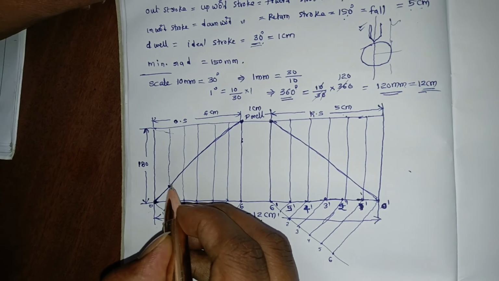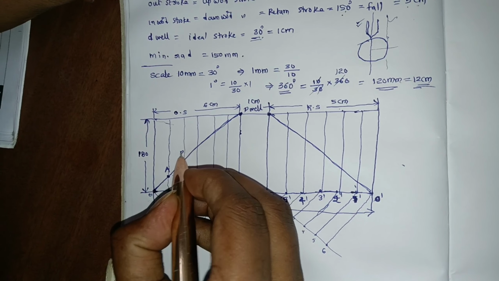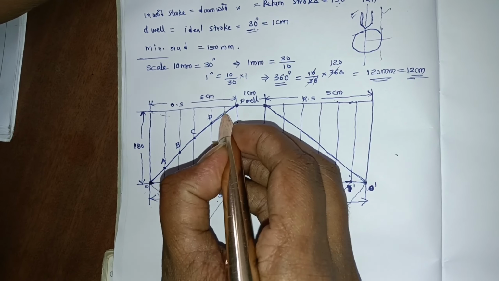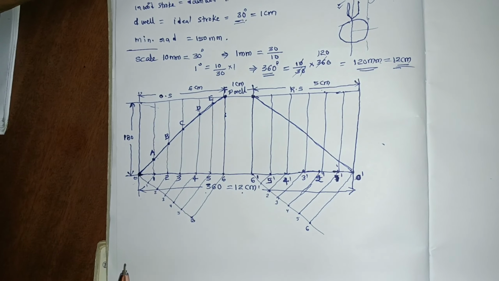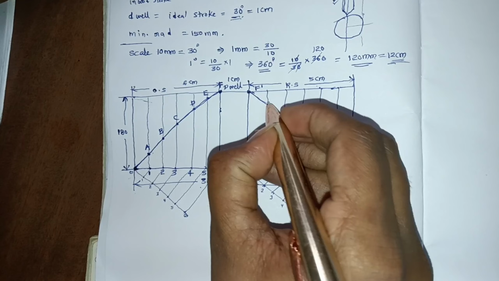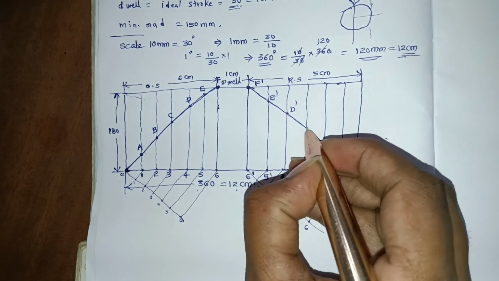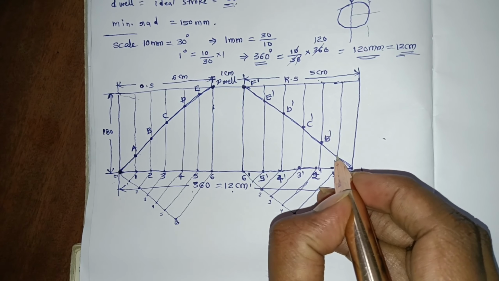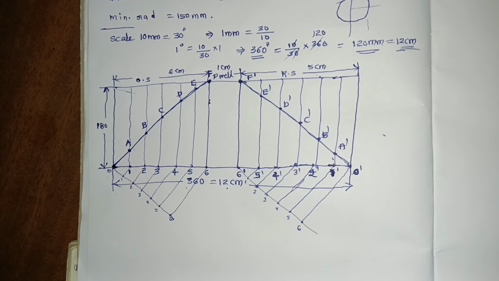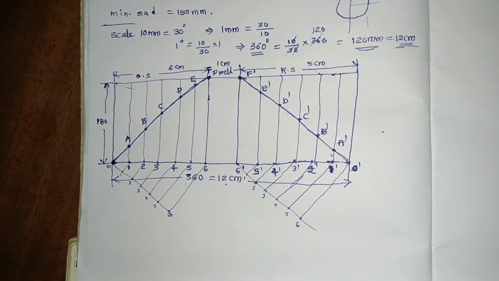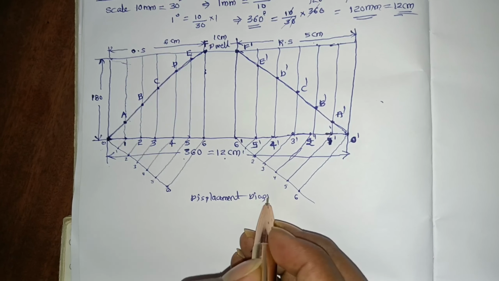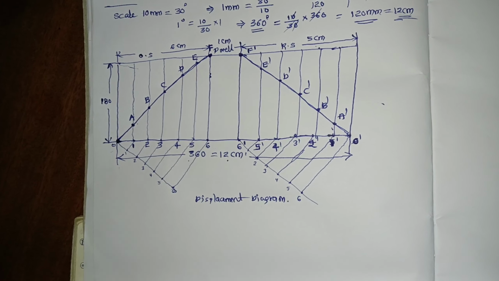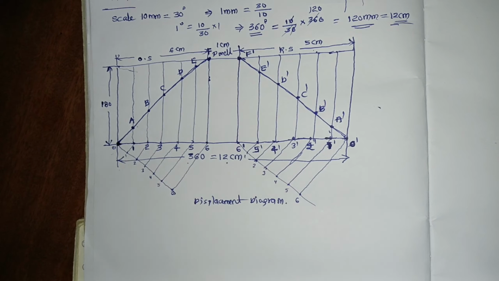Then you have to give the names: this one as A, B, C, D, E, and this one as F. Similarly, this will be F dash, E dash, D dash, C dash, B dash, A dash. Now this is the displacement diagram.